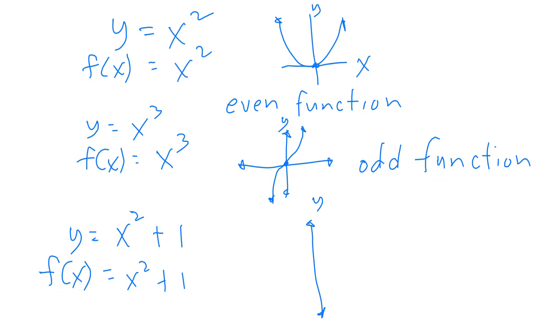We call that translation. So the parabola is at this point, with the vertex at 1, and still facing upward. So that is still symmetrical to the y-axis. So this one's still an even function.